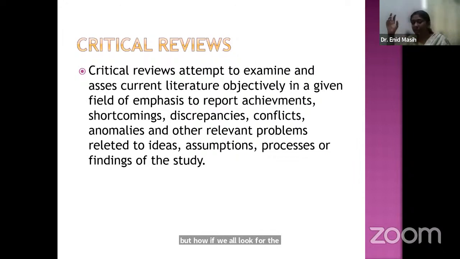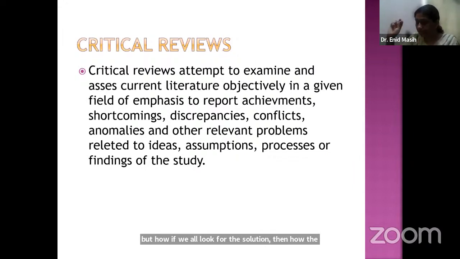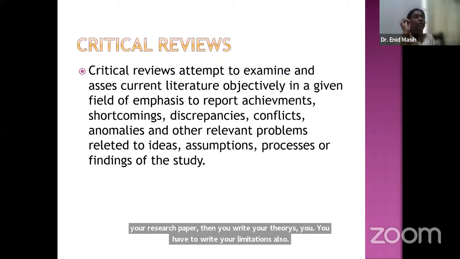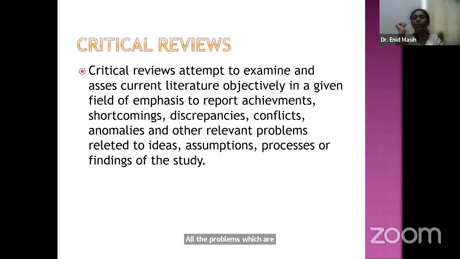So in a critical review, we examine and assess the current literature objectively in a given field of emphasis to report achievements, shortcomings, discrepancies, and conflicts. Whenever you write your research paper or thesis, you also have to write your limitations, or the problems you come across while doing that research.